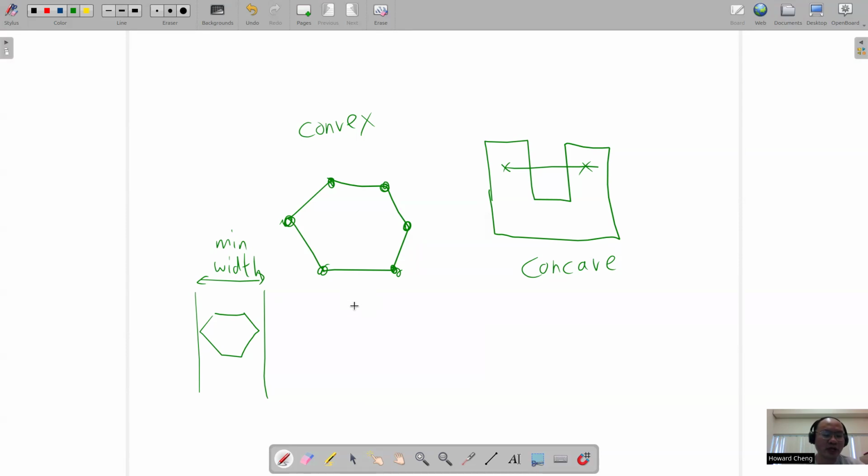The first thing to realize is here, there's a bit of a gap right here. If the side is not touching the shape, then you could make the width smaller.